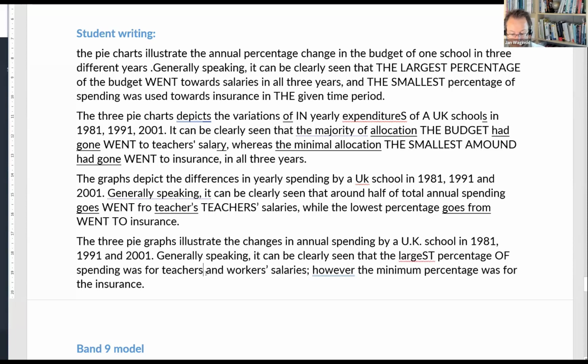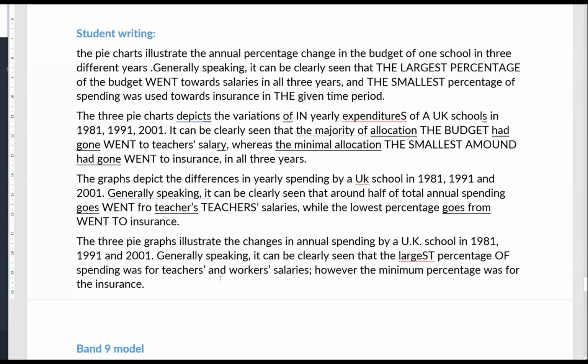Yeah, but can I do it for both? I meant the salary for the teacher and workers was the largest. The summation of teachers and workers. So I will do possessive for both of them, or for the last? That's correct. Teachers' salaries and workers' salaries.